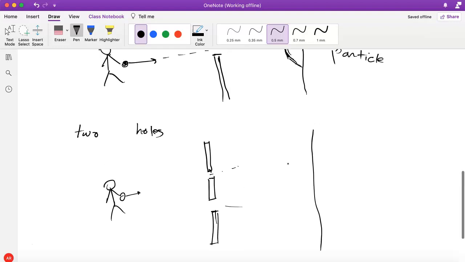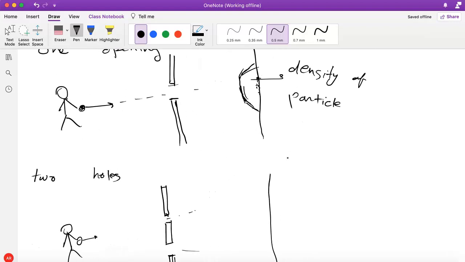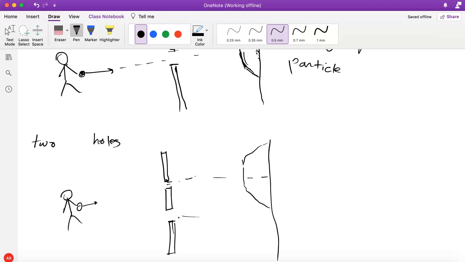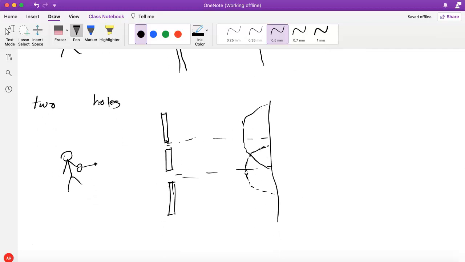So basically the pattern that we'll see is going to be the sum of these two, right? We're going to get something like this from this opening, something like this from this opening, and then that's the number of particles which are stuck on the wall. So roughly, maybe there's a little dip here.